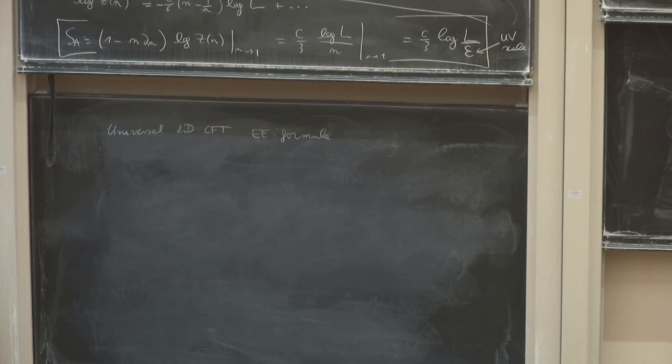I'm still not completely sure I understand your question, but let me say one thing. ds squared is dz dz bar in C. If you do the z to w transformation, this will be some factor times dw dw bar, and then some factor times d zeta d zeta bar, with different factors at every point.